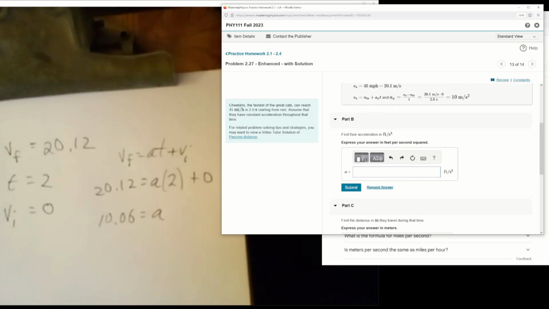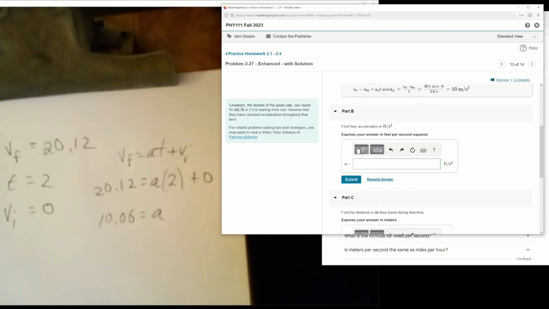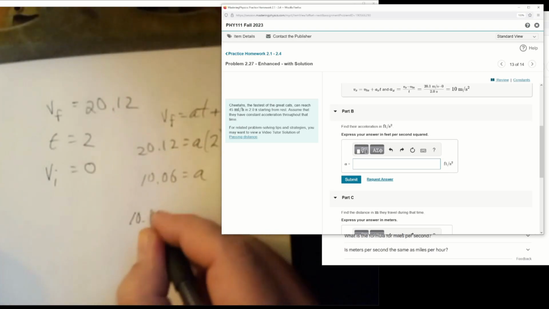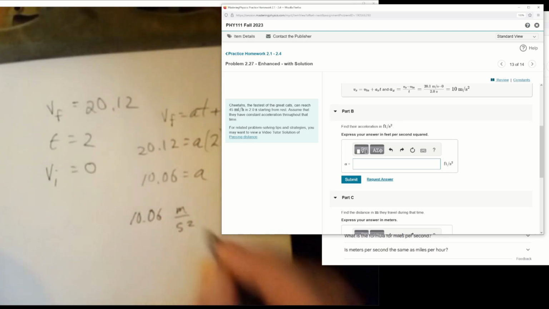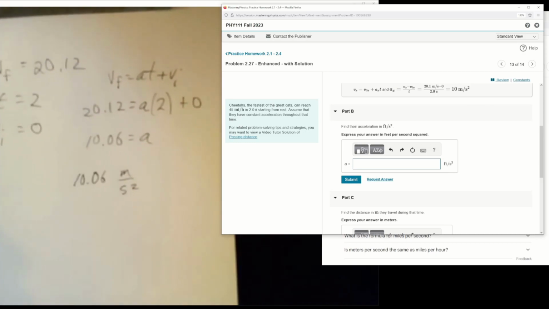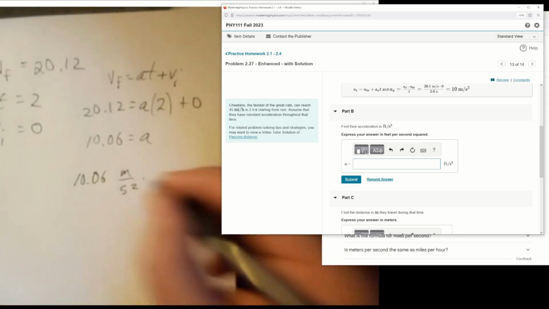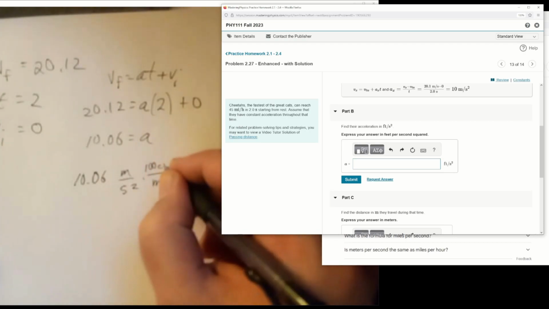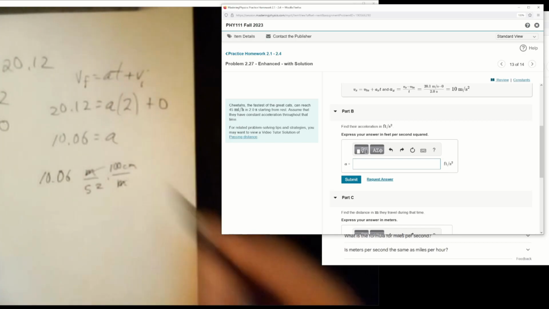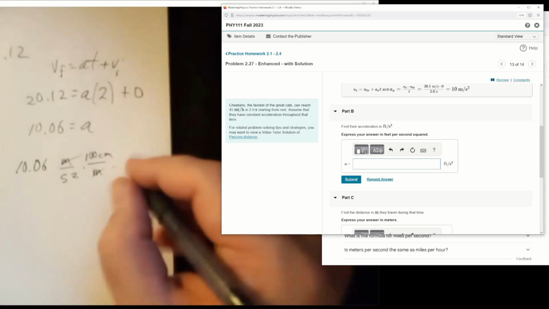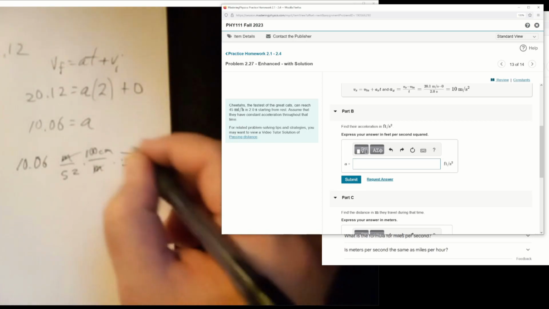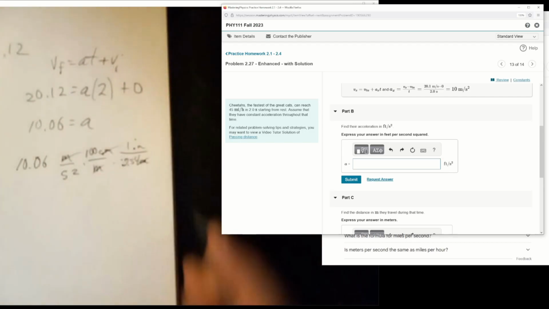Acceleration in feet per second squared. So, well, at least we don't have to change the time. Just want to change from meters to feet. And I don't know offhand what that is, but I do know there's 100 centimeters in a meter, so that'll cancel out these meters. And there's 2.54 centimeters in an inch, so that cancels out centimeters.